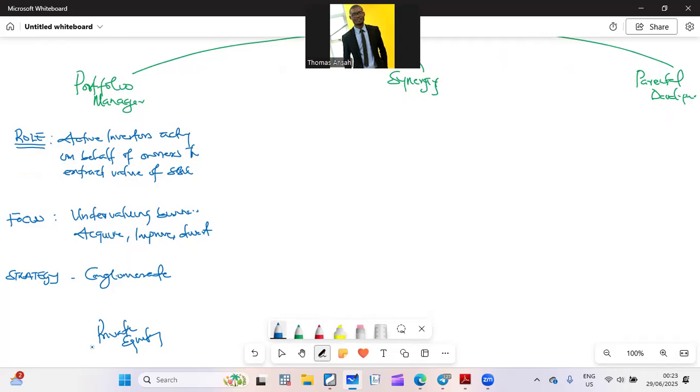A synergistic manager, rather, is looking at integration, already related entities, those who are on the same supply chain. So here the focus is on businesses that are related so that they have shared values. This one looks at related businesses so that they can cut costs through synergy.